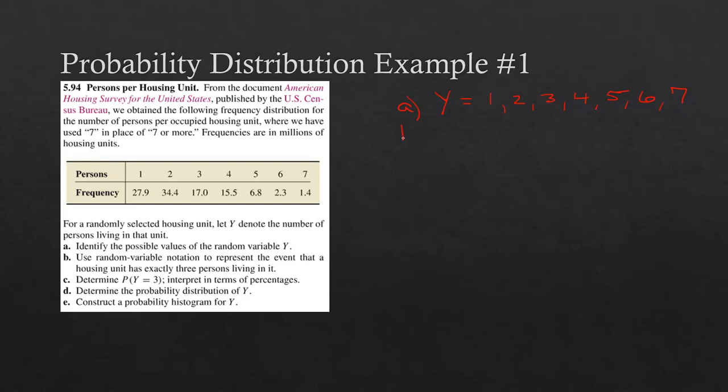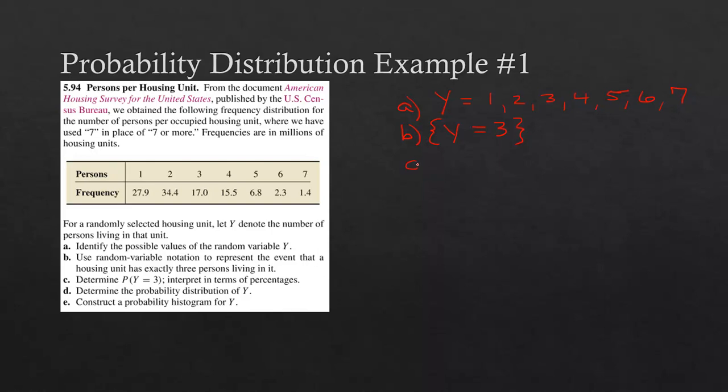Well, look at letter B. Use random variable notation to represent a housing unit that has exactly 3 people living in it. Well, that's simply Y equals 3. We could put that in squiggly brackets like that, where Y equals 3. That would be how we write that particular one in random variable notation.